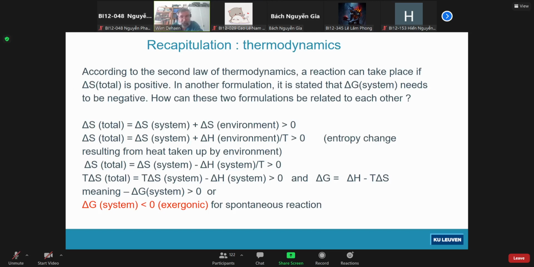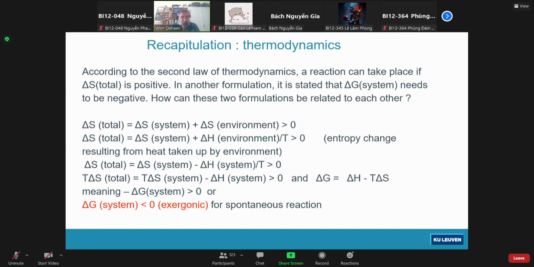The sum is still larger than 0. Now, this heat that the environment has taken up is actually coming out of the system. So we can now look at everything as based on the system. That means there's an entropy change of the system minus delta H over T of the system. This has again to be larger than 0.